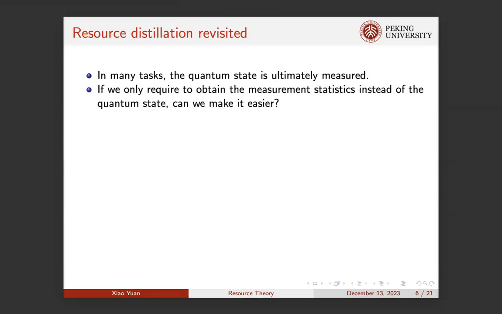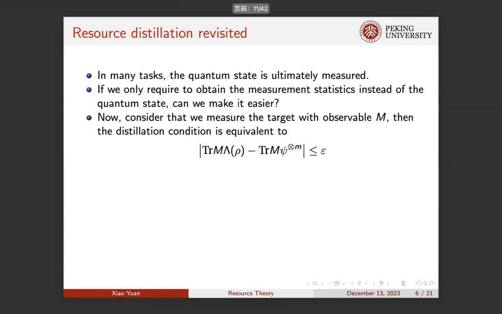In this case, we consider a less restricted requirement: instead of obtaining the quantum state, we obtain measurement statistics. So for example, for an observable M, instead of approximating the target pure state, we only want to approximate the measurement statistics.